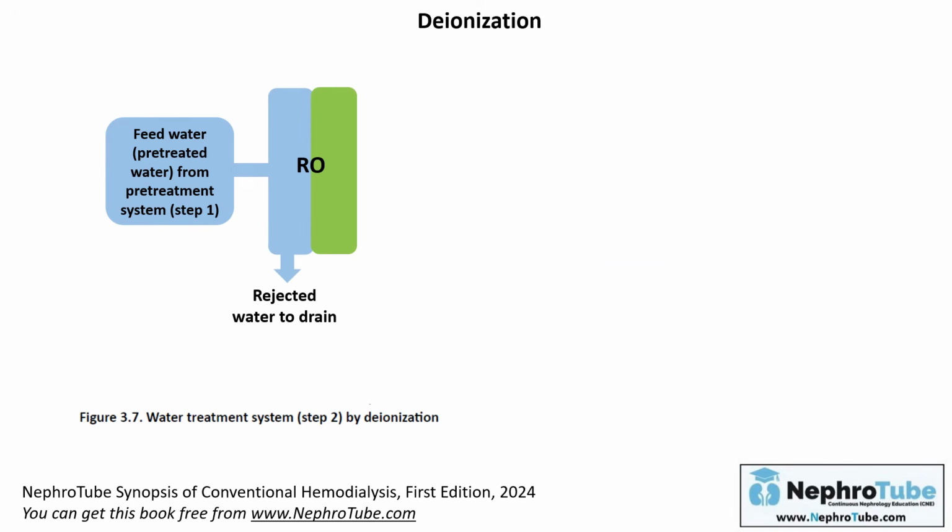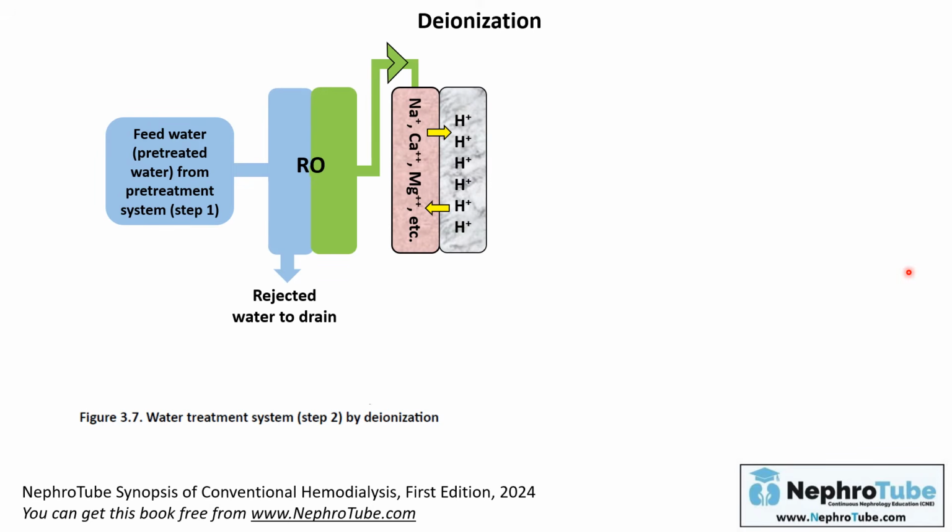This is an example. The water that comes out of the RO passes through the deionization method or steps. The deionization steps are two. The first step, the water is exposed to hydrogen, to exchange hydrogen with the ions in the dialysis water. So here we exchange cations, hydrogen in the deionization step.